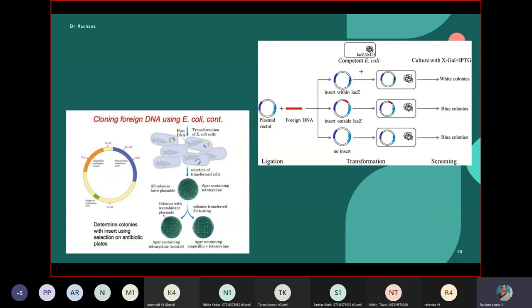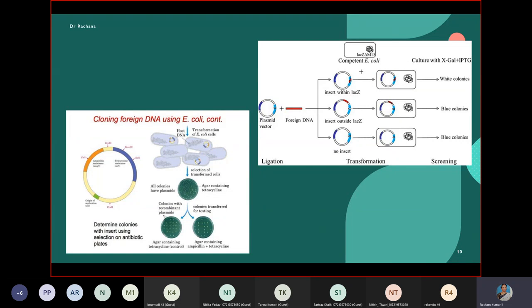and then according to our requirement we can extract the target DNA or the gene of interest that can subsequently be inserted into a plasmid vector.